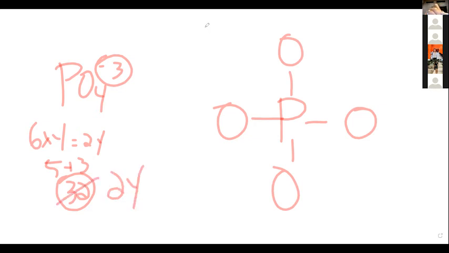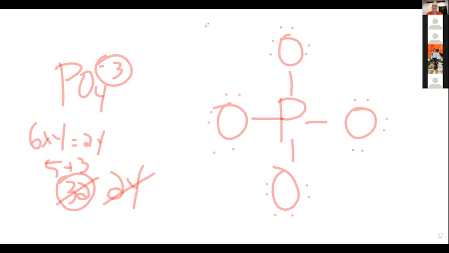So where do we put the 24 electrons? Where do we start putting them? By the oxygen. Yes, around the outside of the oxygens. 1, 2, 3, 4, 6, 12, 18, 24. I'm done. Now it's time to look at what the charges are.